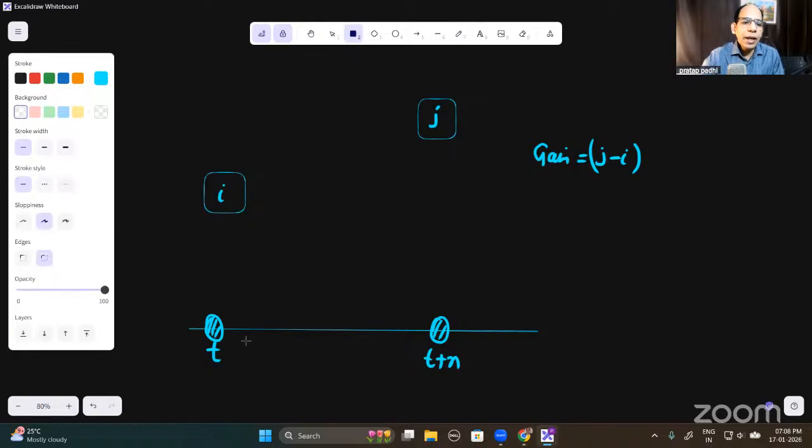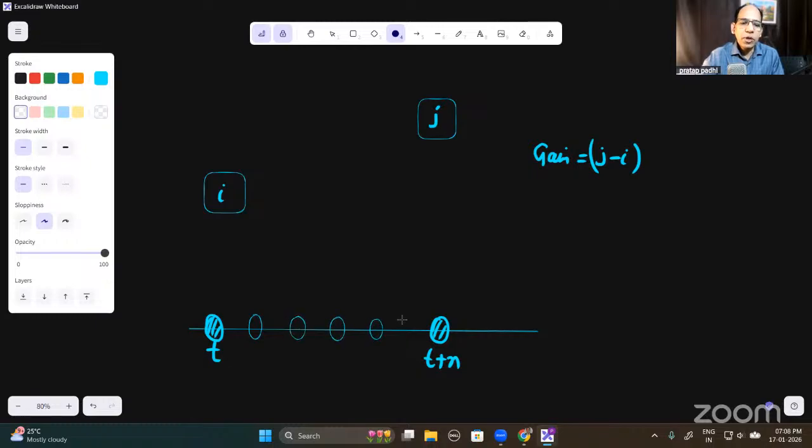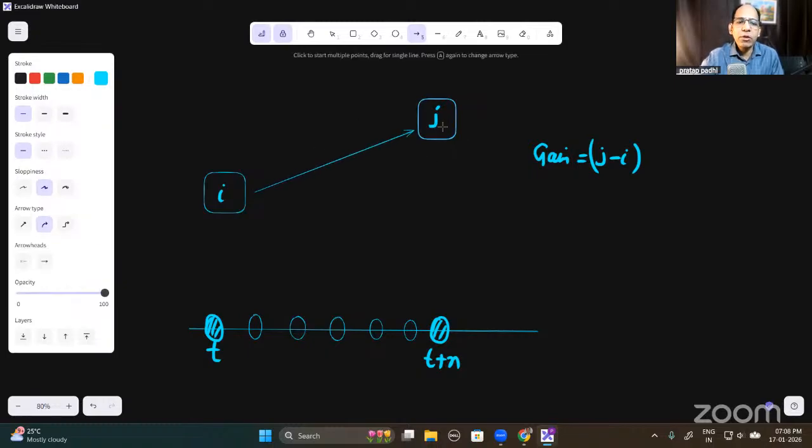So in n time periods, t plus 1, t plus 2, t plus 3, t plus 4, up to t plus n minus 1, t plus n. Each time either you gain 1 or you lose 1. Ultimately we want to be here. From here to here you want to go. You want to make it J from I in n moves.